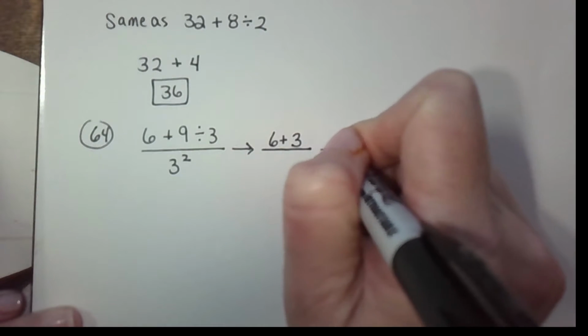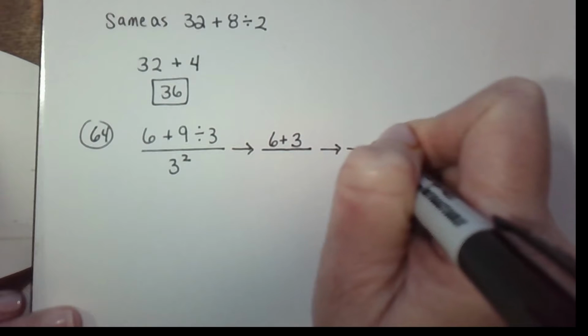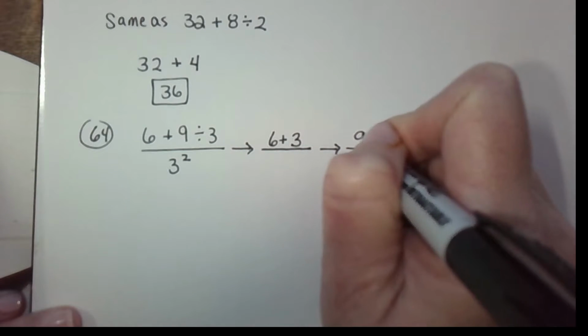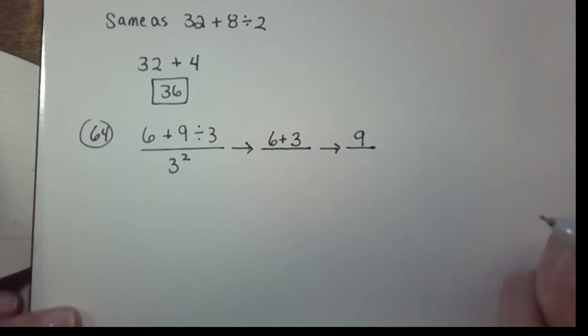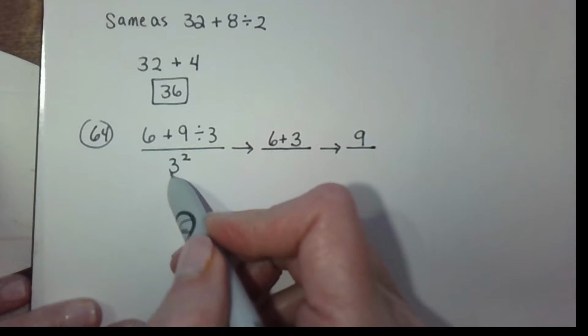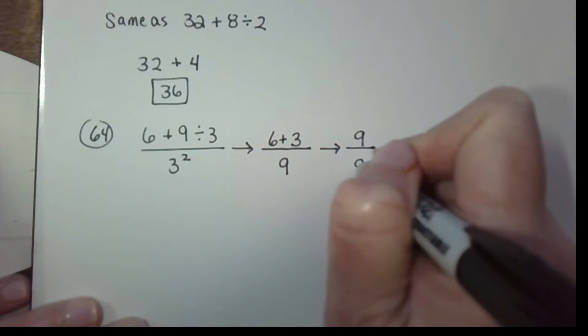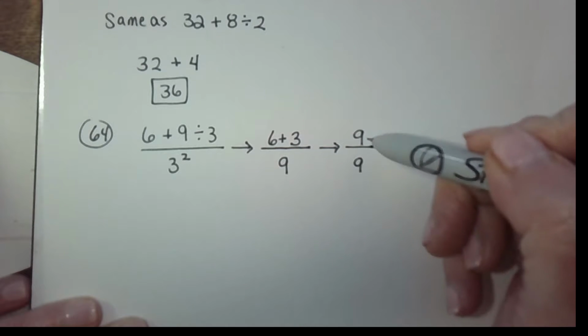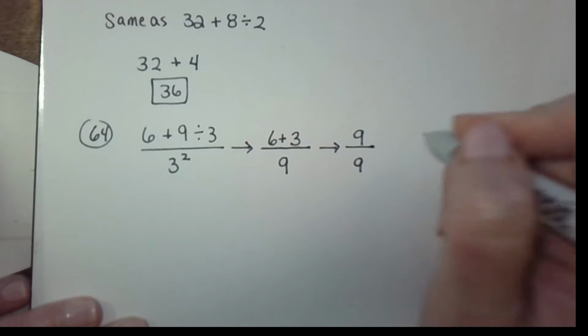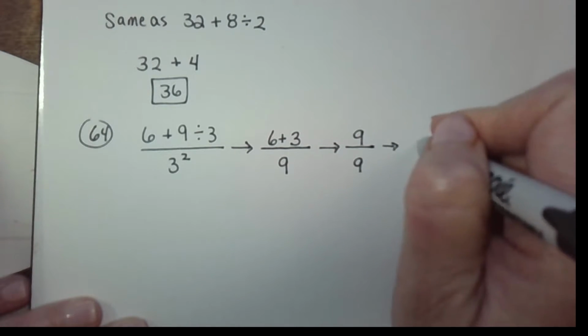And I'm just going to finish that out over here. 6 plus 3 is 9. You don't have to put those arrows. We don't want to include equal signs because there's no equal sign in the original problem. We're not solving the equation. We're just simplifying things. On the bottom, I have 3 squared, which is 9. Now, this leaves me 9 divided by 9, so my answer is 1.